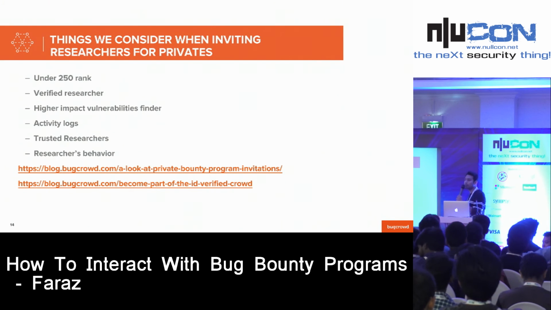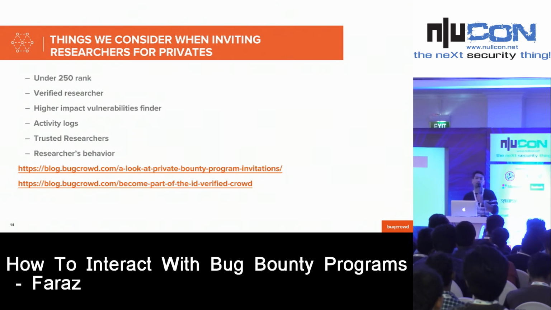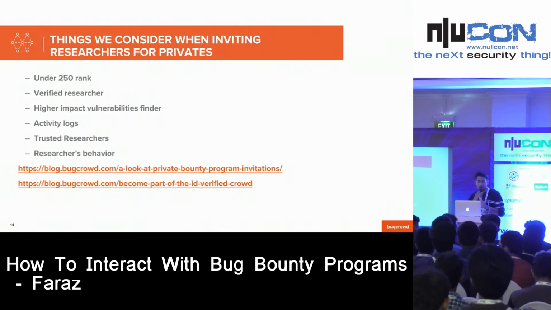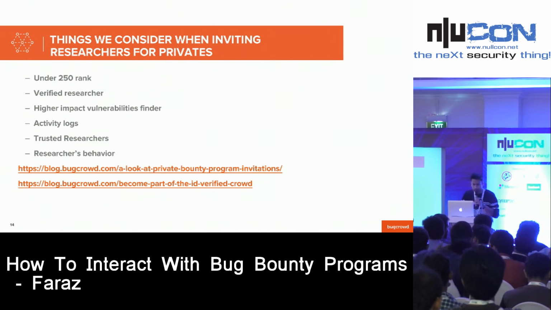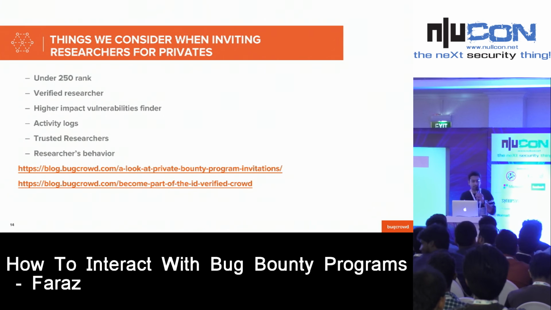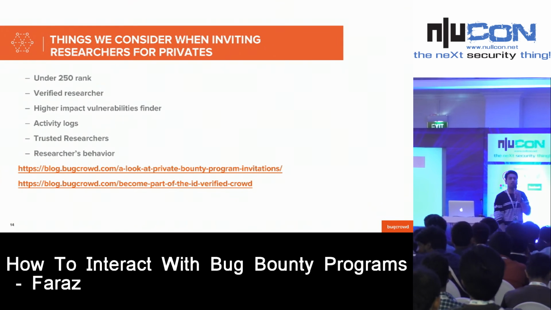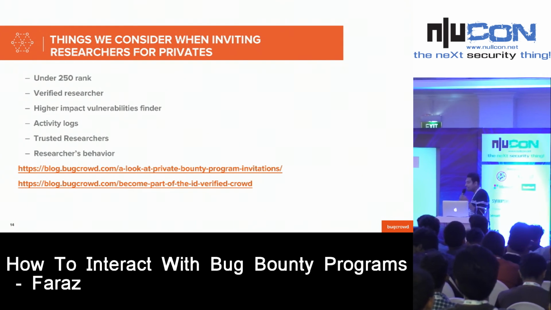Then the higher impact vulnerability finders. Those researchers who find bugs of a higher impact are usually given priority when giving privates. Then the trusted researchers and the activity logs. Activity logs means be active on the platform.